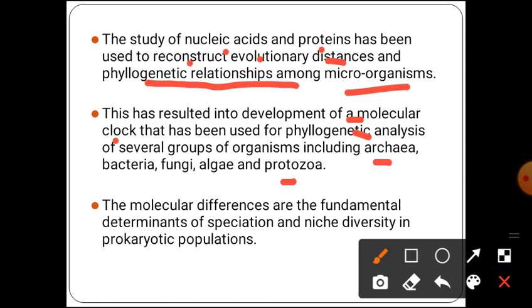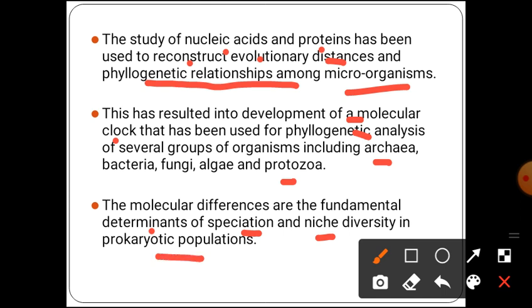The molecular differences are fundamental determinants, meaning they can determine the differences from one species to another, determinants of speciation and niche diversity. Niche means an area, the diversity in an area, which can be in the prokaryotic population.